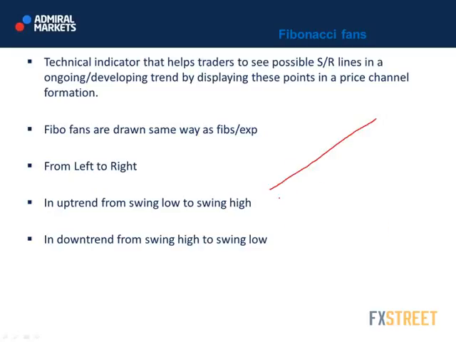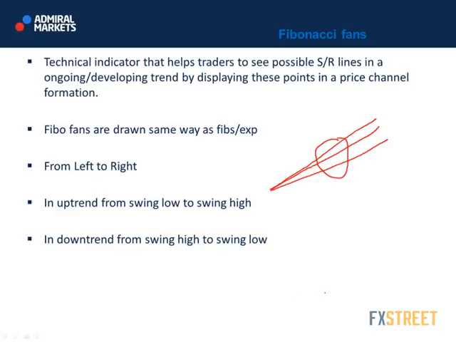Basically, Fibonacci fan will look something like this. It will give you great levels, basically same retracement levels of Fibonacci retracement, but only it will be shown as channels. So Fibo fans are drawn same way as Fibonacci's or expansions.